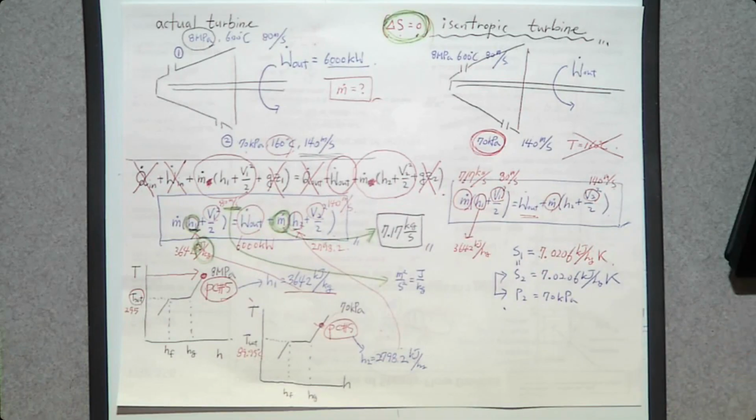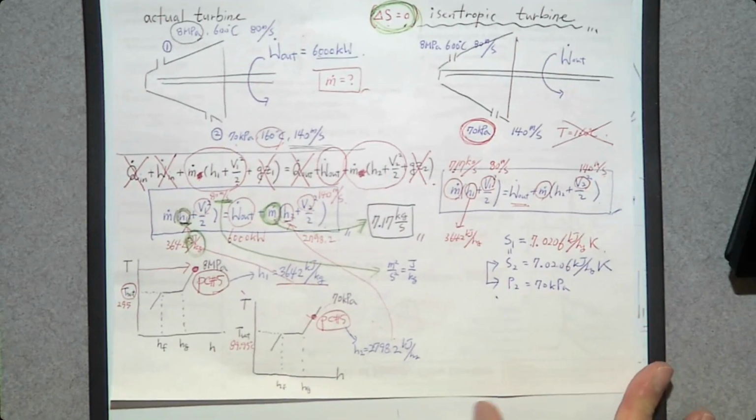How can we determine H2? We need to know the phase change process first. Oh, wait. We determined it is superheated vapor at the exit. Can we reuse this phase change process? Not anymore, because we have a different temperature now.